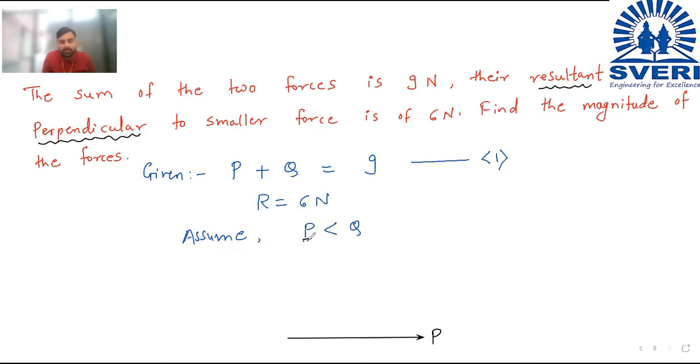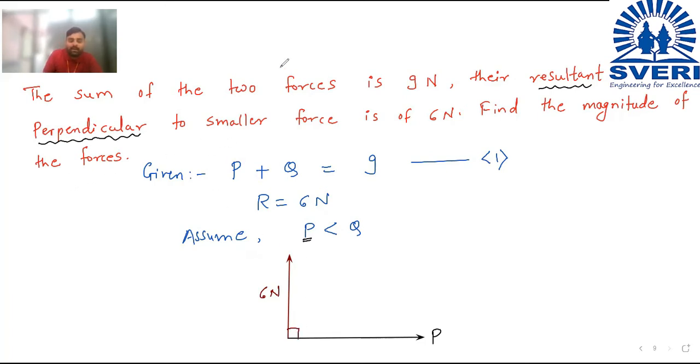My smaller force is P. So my resultant will be like this. This is my resultant R. This is my 6 Newton resultant R, and this angle is 90 degrees. We have taken this angle because they have mentioned it is perpendicular.